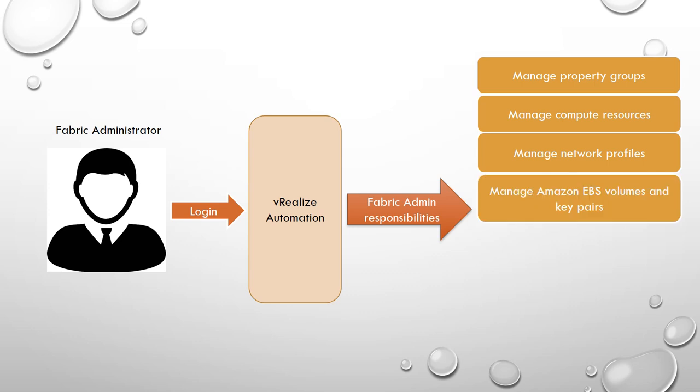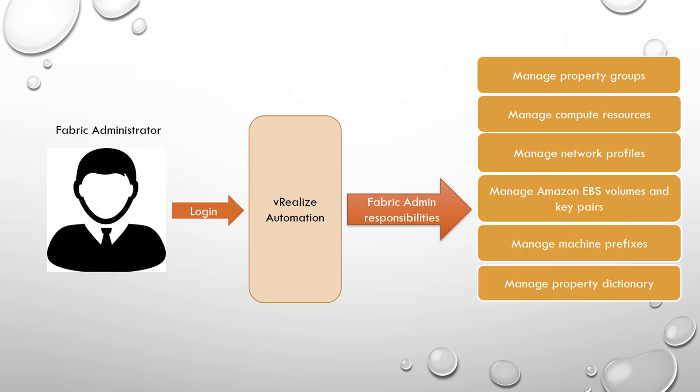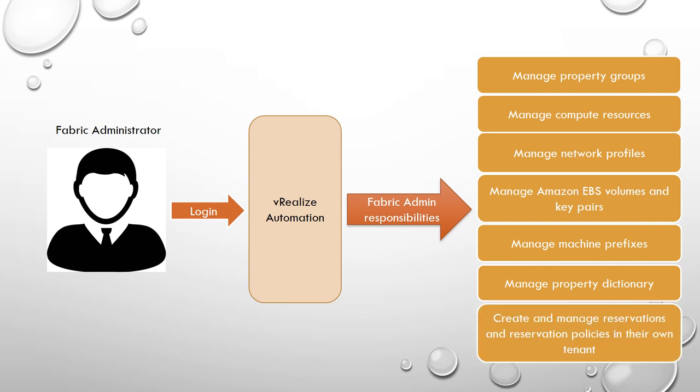It manages network profiles, Amazon EBS volume and key pairs, machine prefixes, property dictionary, and it creates and manages reservations and reservation policies in their own tenant. I know these all are different and difficult terms that you haven't heard of before, but these will surely be covered in our upcoming tutorials.